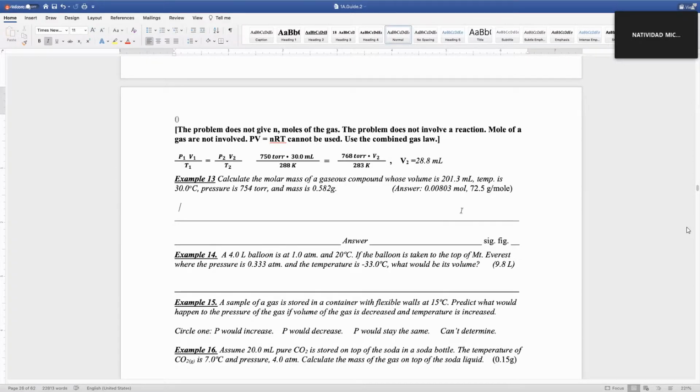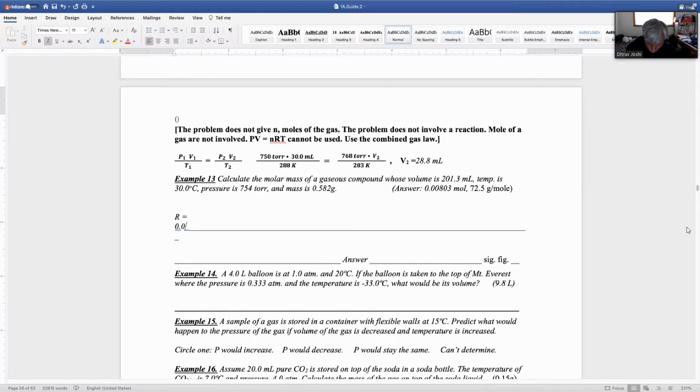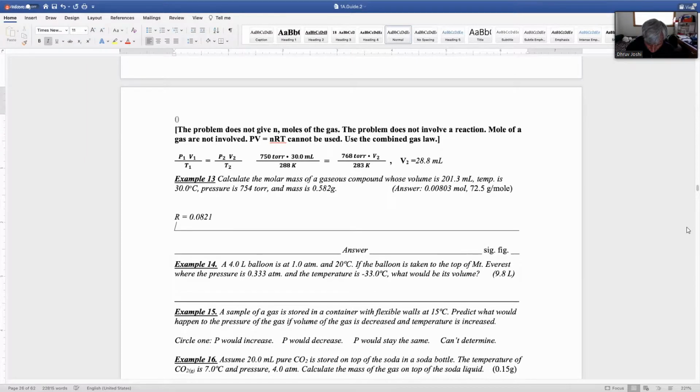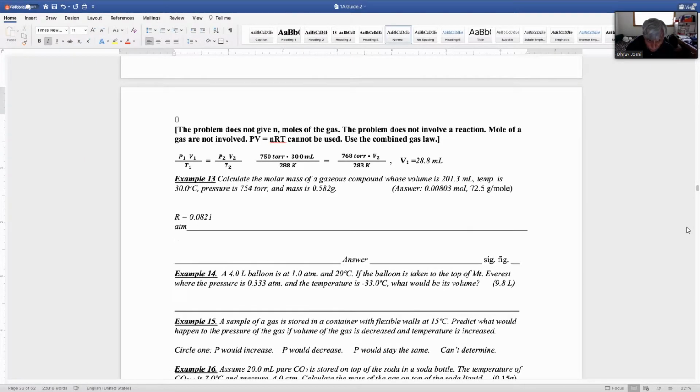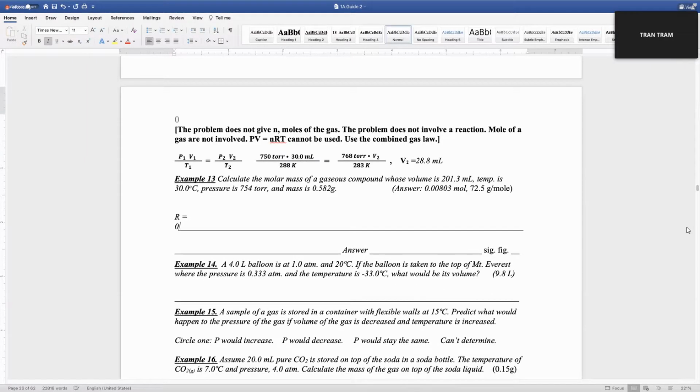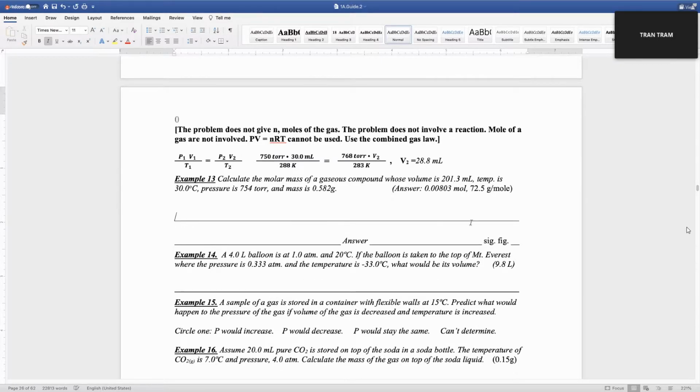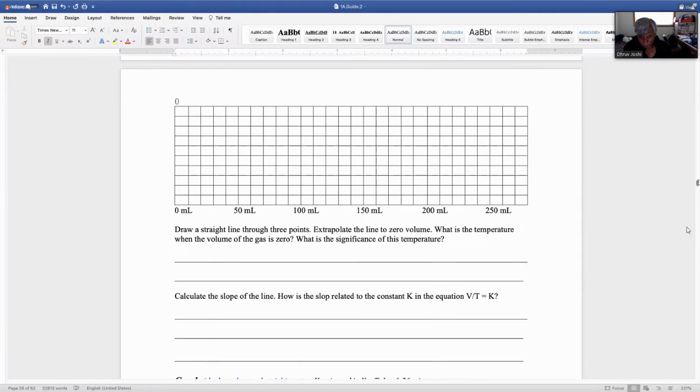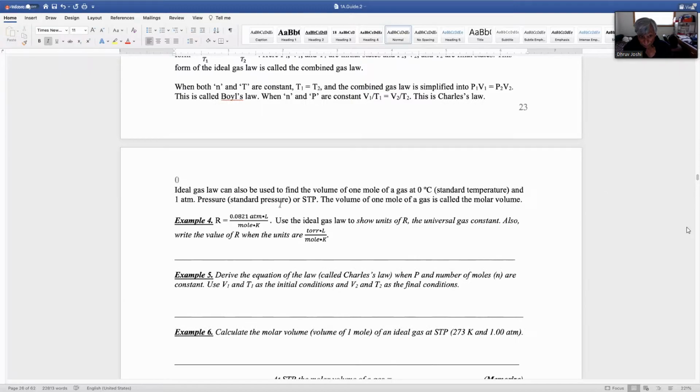That's the R, the value of R. R equals 0.0821 ATM. So I don't know where you got 0.821. This is where we got 0.0821, right there. It's a formula that you need to know.